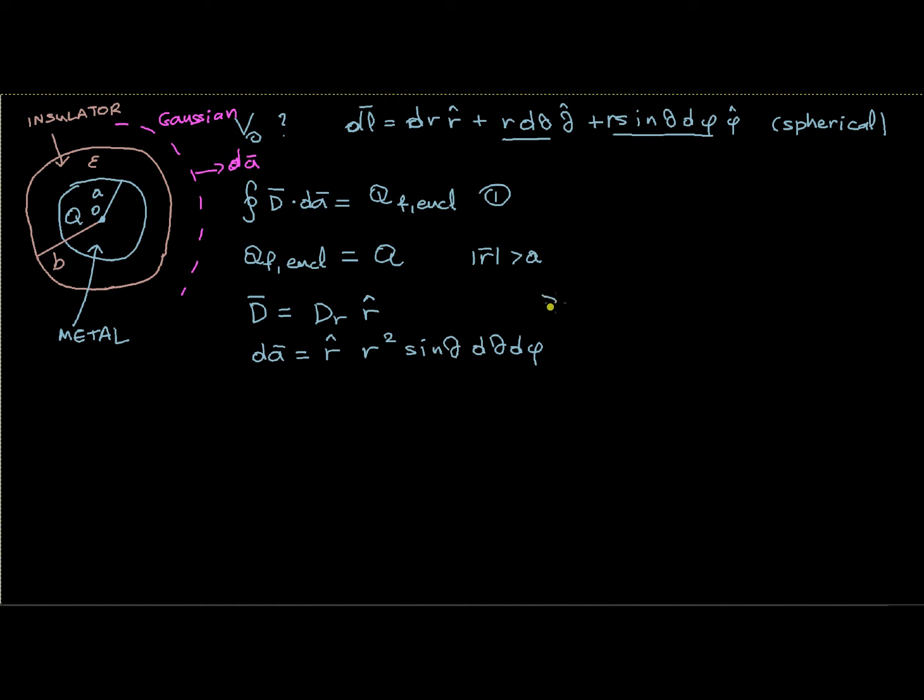So now using these two, the dot product is equal to Dr r squared sine theta d theta d phi.